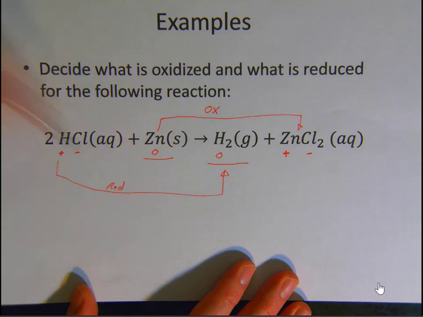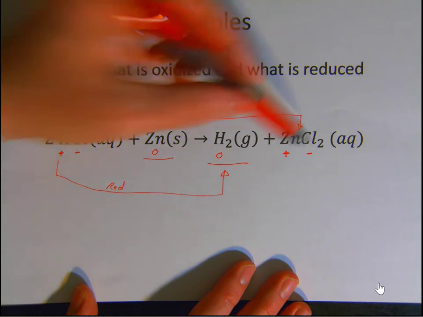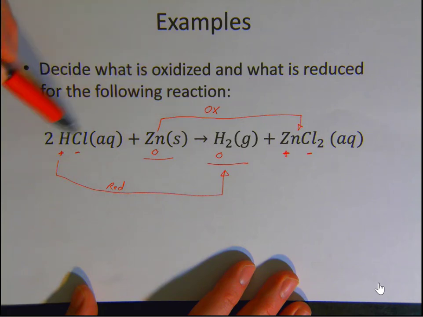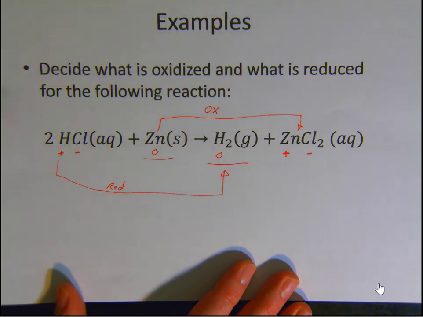So that is what is reduced. We also have the chlorine. So chlorine isn't really changing here. It has more electrons than normal here, more electrons than normal here. So it is not involved in either oxidation or reduction.